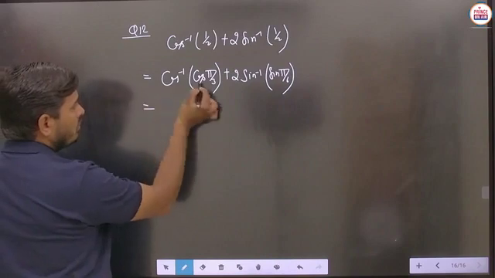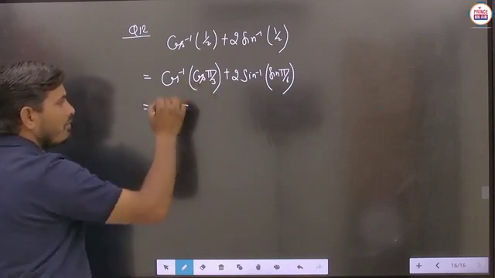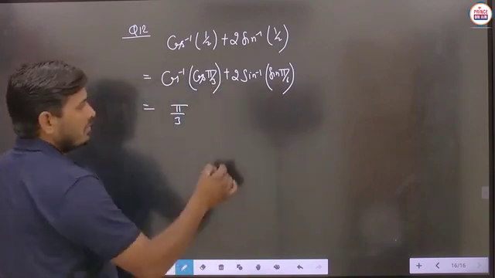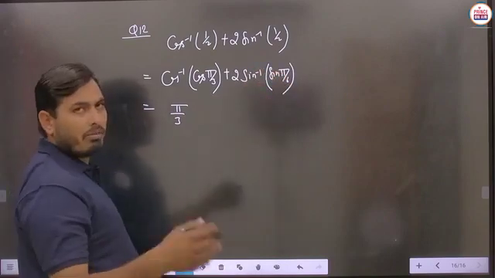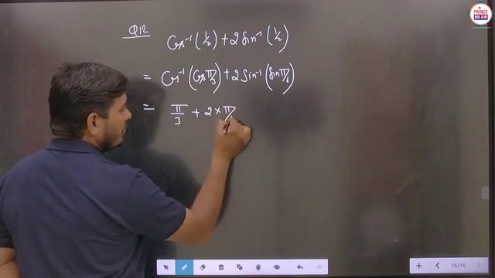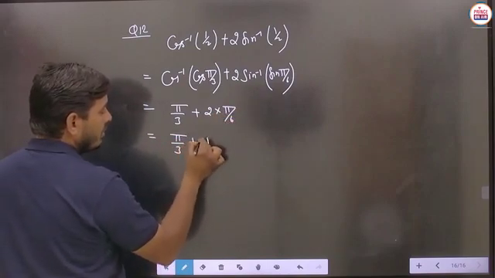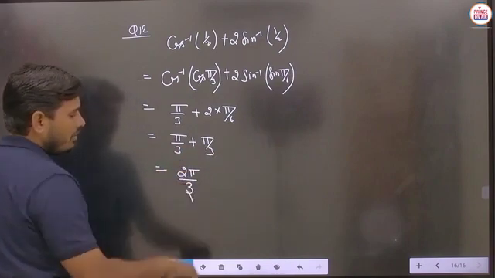So cos inverse of cos x will be x, because this pi by 3 belongs to the principal value range of cos inverse x, which is 0 to pi. Next, in sin inverse of sin pi by 6, this pi by 6 belongs to the interval minus pi by 2 to pi by 2. So definitely again we will write pi by 6. So the answer will be pi by 3 plus pi by 3, and the answer is obtained as 2 pi by 3.